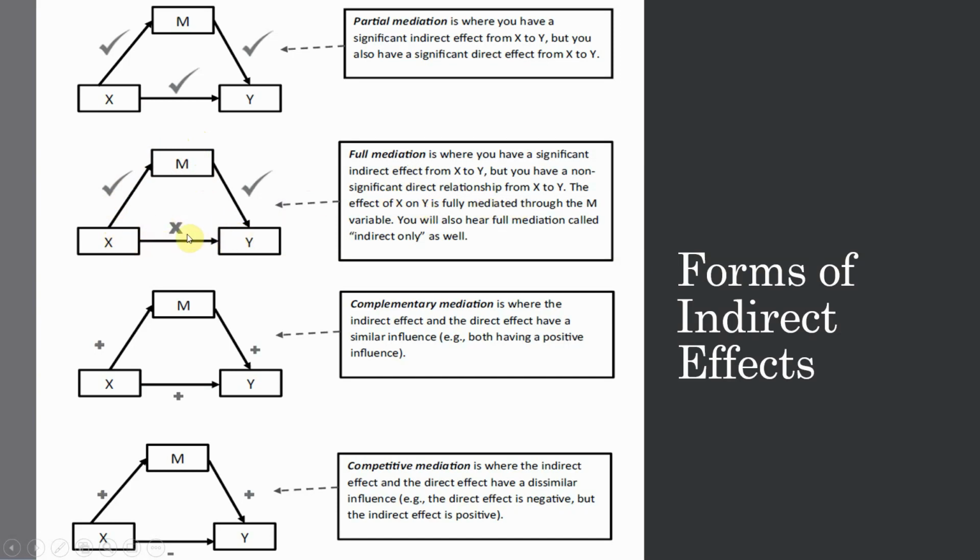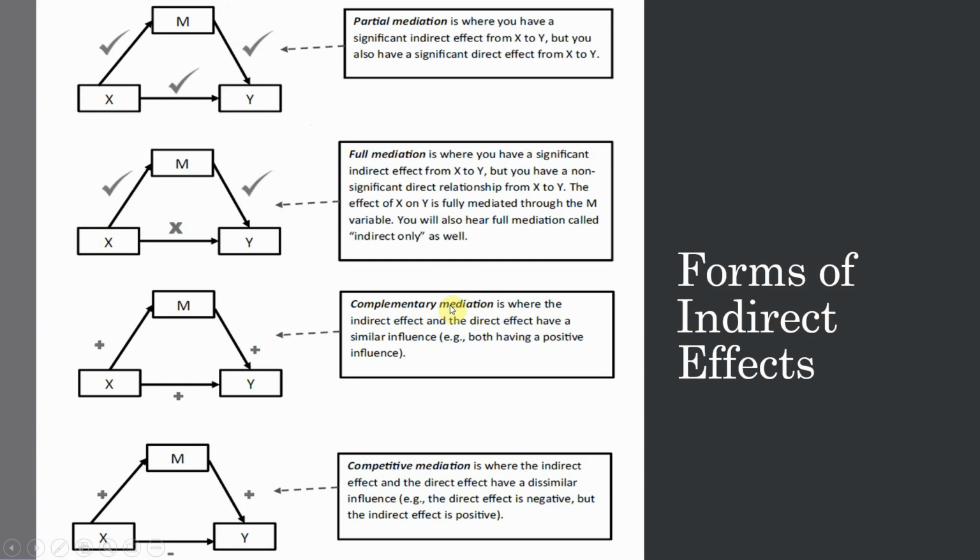That is, the direct effect from X to Y is insignificant. The whole effect of X on Y is passing through this third variable, which we call M. In this case, we call it full mediation because all of the effect is passing through the mediating variable M. In the previous case, some of the effect was passing directly while some of the effect was indirect.